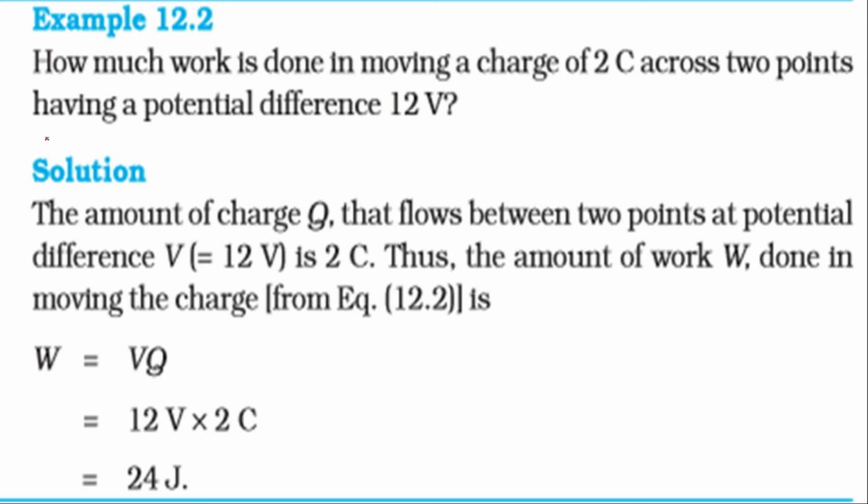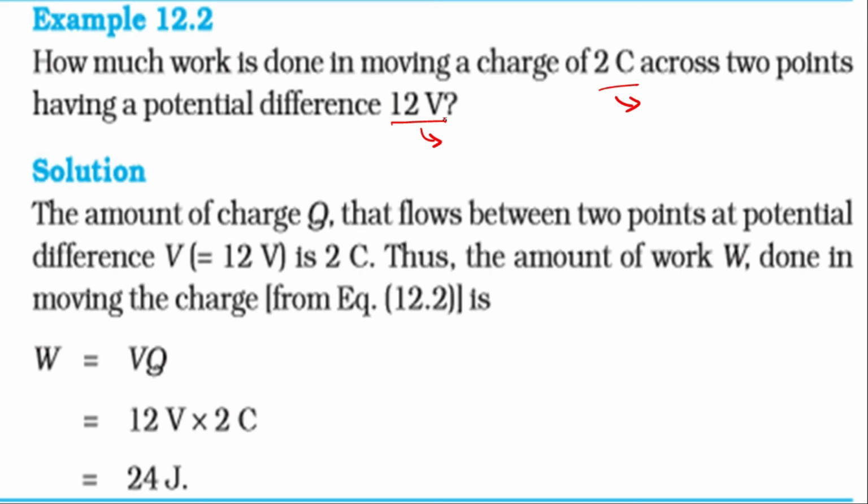Now let us understand one example given in your textbook, example 12.2: how much work is done in moving a charge of 2 coulomb across 2 points having a potential difference of 12 volts? So here we are given the charge which we have to move and the potential difference between the 2 points across which this 2 coulomb charge is moved.